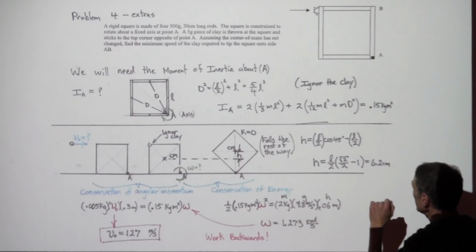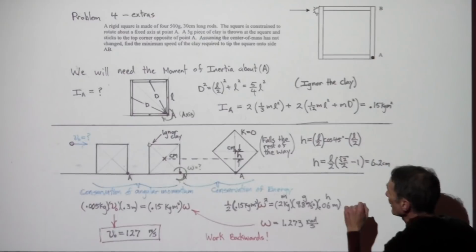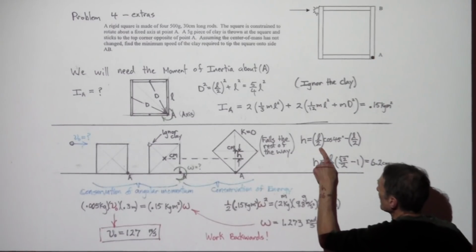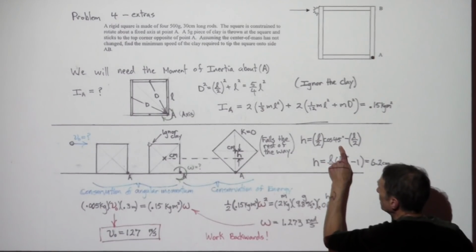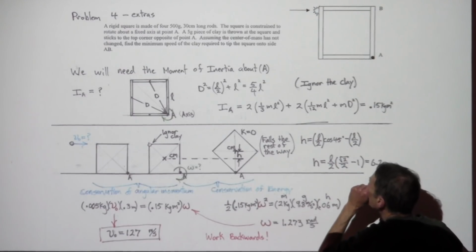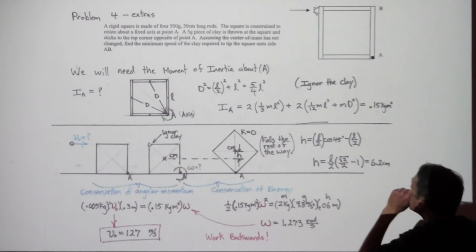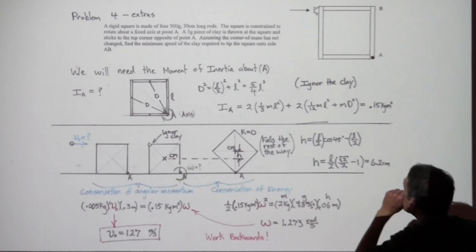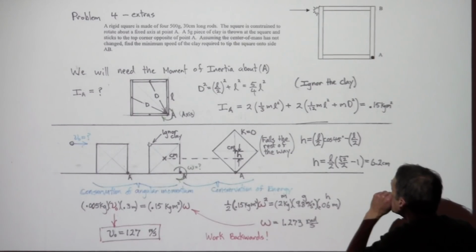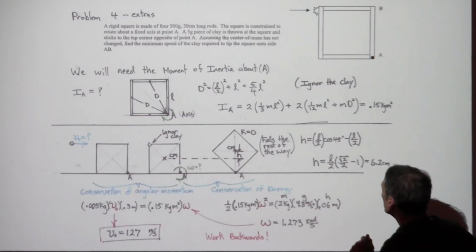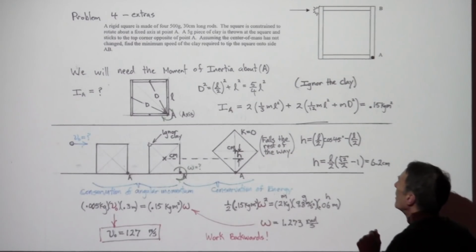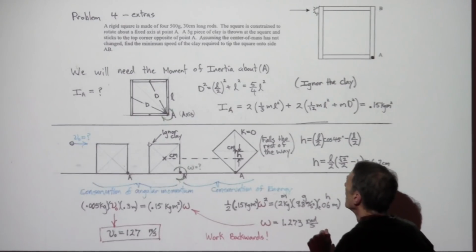Now I'm confusing myself as far as looking at this. L over 2 times the cosine of... what's that? Just divide the cosine 45. Okay.